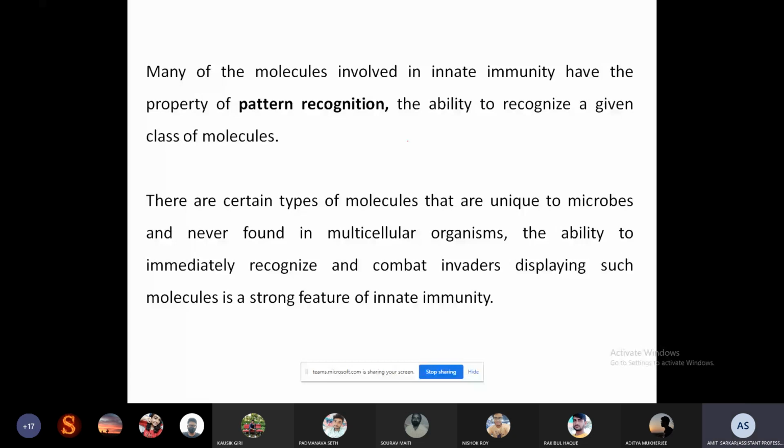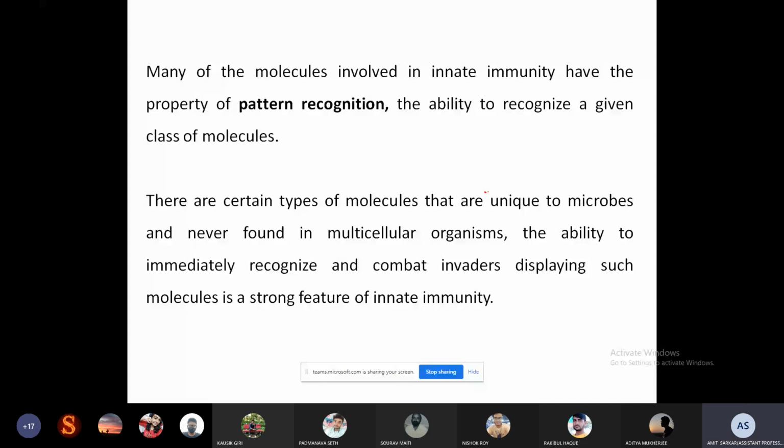The reason is that microbes, that means bacteria, virus, fungus, protozoa, etc., have some unique molecules which are not present in any multicellular organism like us. Okay, some unique molecules.